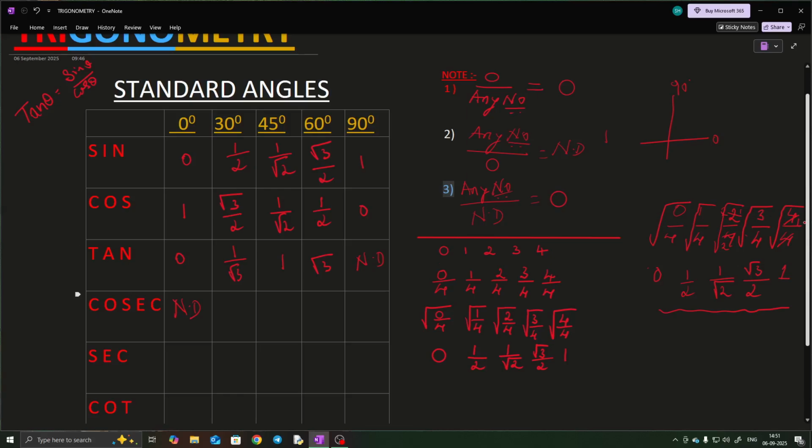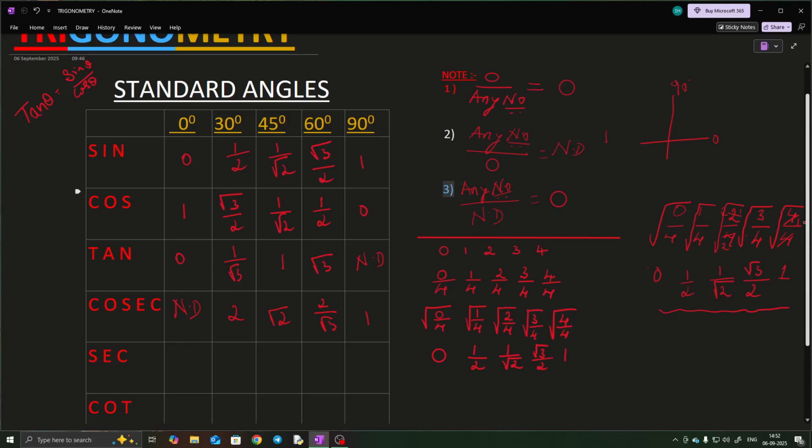Then sine 30 is 1 by 2, so cosec 30 is the reciprocal of it, that is 2 by 1, which is 2. In the same way, sine 45 is 1 by root 2, so the reciprocal is root 2 divided by 1, which is root 2. Sine 60 is root 3 by 2, so this is going to be 2 by root 3, and 1 by 1 is going to remain as 1 only.